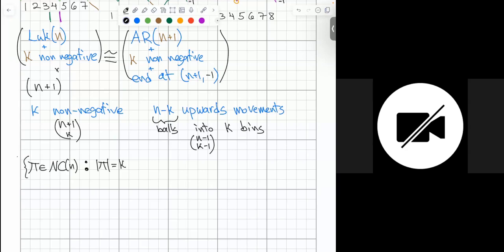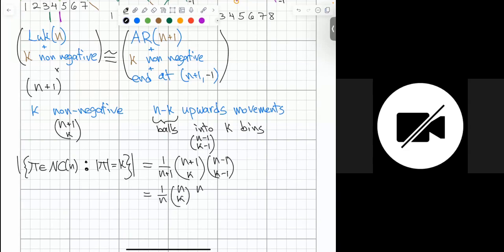And the size of this set is now clearly, I need not forget the number n plus 1 here, 1 over n plus 1 times n plus 1 choose k times n minus 1 choose k minus 1, which can be shown in a slightly nicer formula as 1 over n times n choose k times n choose k minus 1.